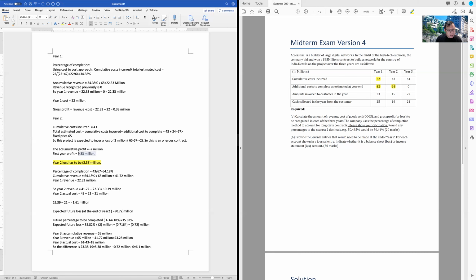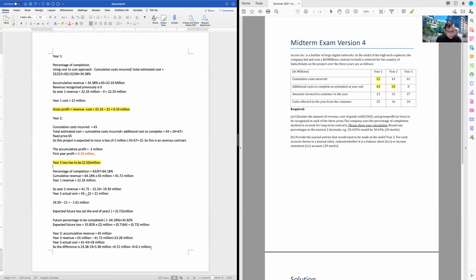In the first year, you recognized 0.33 million. That's your profit. Second year, that's year 2, right? Year 1 is here, 0.33. Okay, so year 2, the loss you recognized is 2.33.